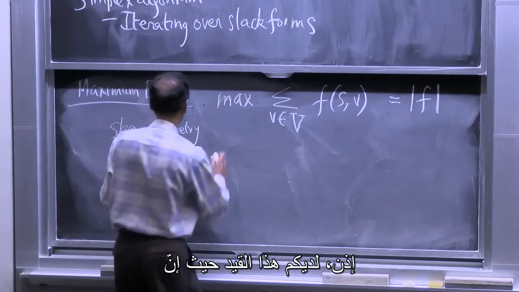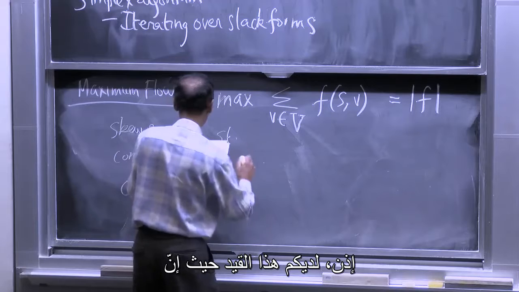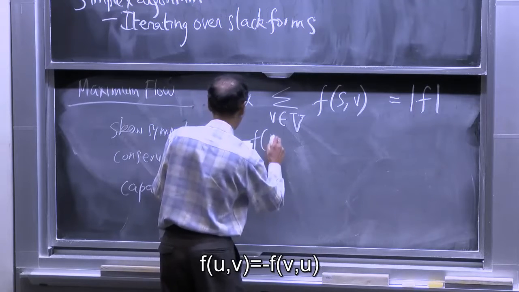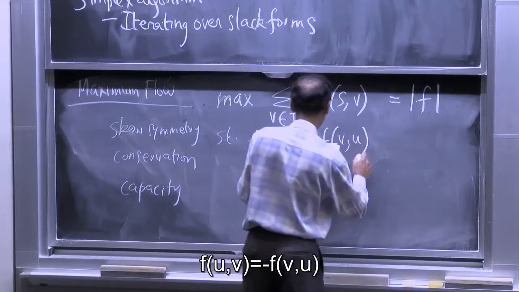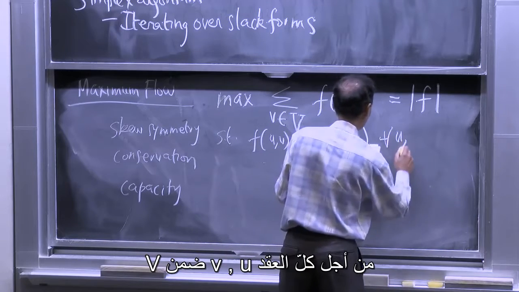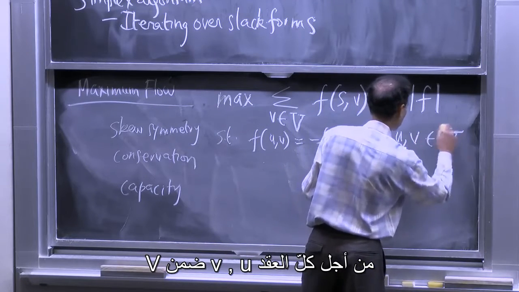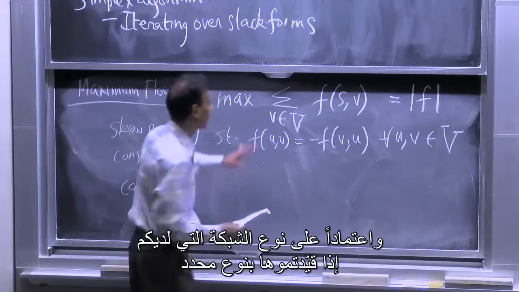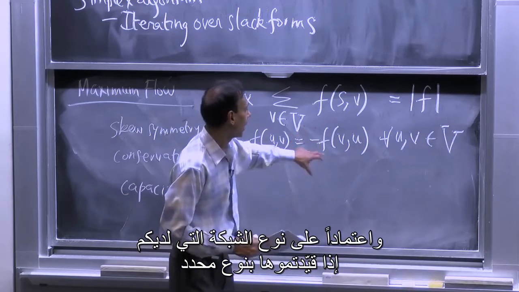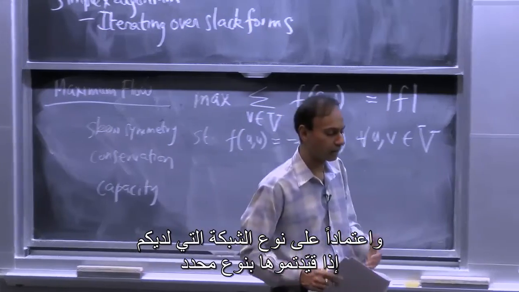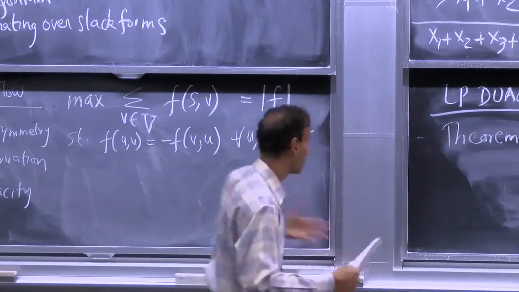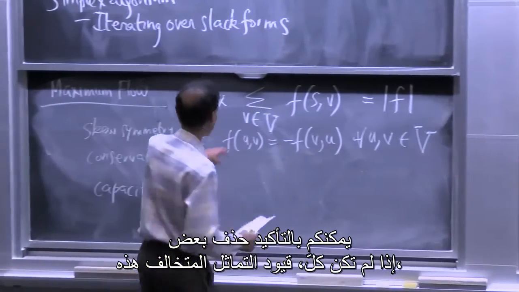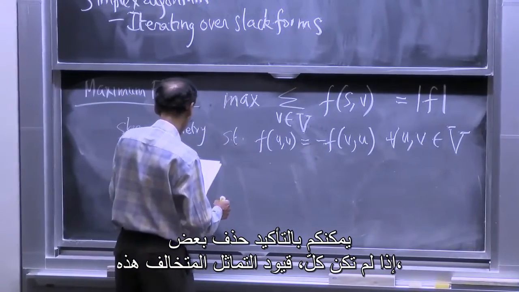Right? So you have such that FUV equals minus FVU for all UV belonging to V. And depending on the kind of network that you have, if you constrain it to a certain type where you don't have these two-way edges, you could certainly remove some, if not all, of these skew symmetry constraints.